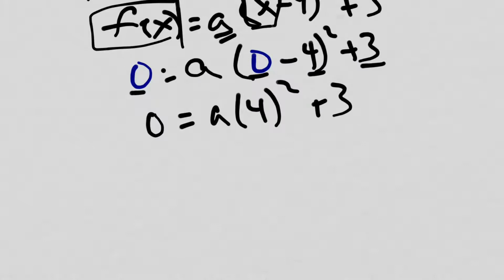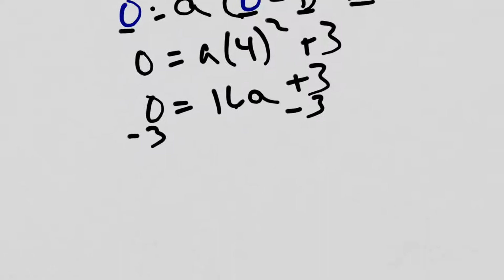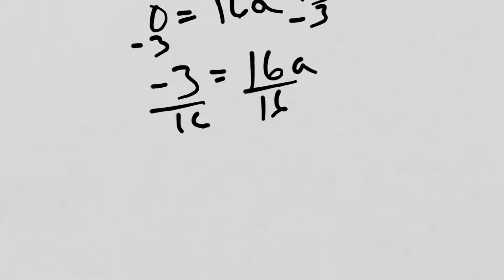So let's say 0 is equal to 16a plus 3. And now it's just a matter of solving a very simple linear equation where I have negative 3 equals 16a. Divide that by 16. And I have that a is equal to negative 3 over 16.